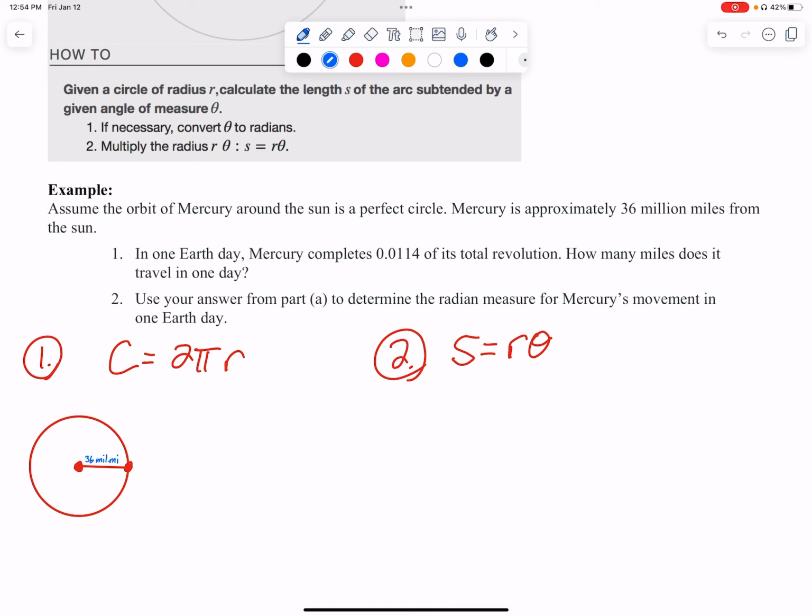Okay, so what we're going to do is first, I want to know how far it is all the way around this circle. So I'm going to do 2 pi, and multiply it by the radius, which is 36. This tells me that the circumference of that revolution is 72 pi million miles. Not 72 pi miles. That would be crazy. So we have that.